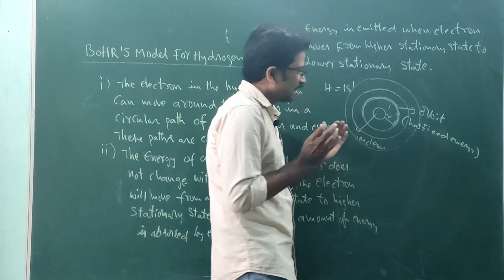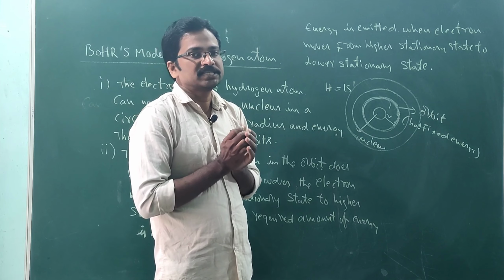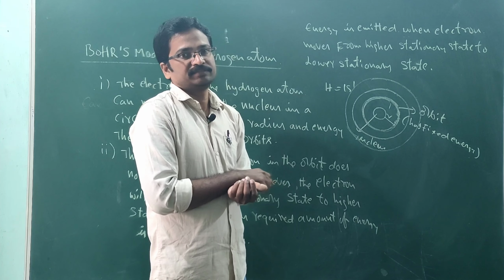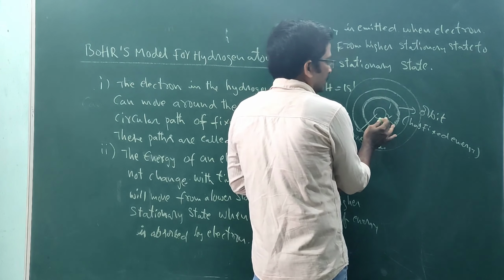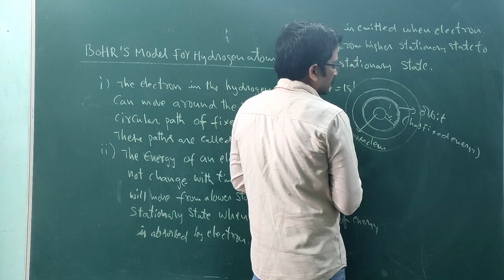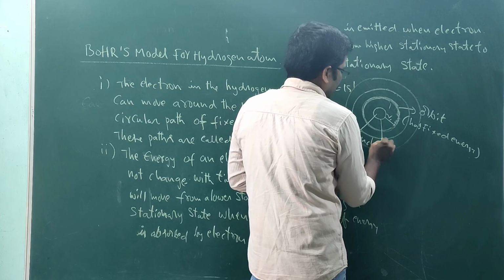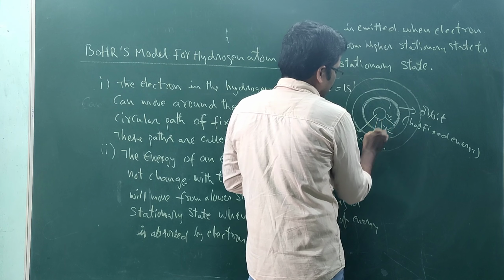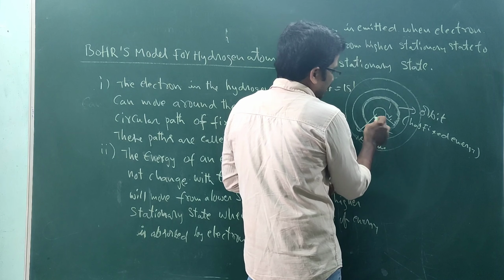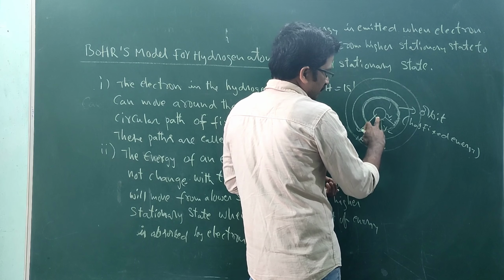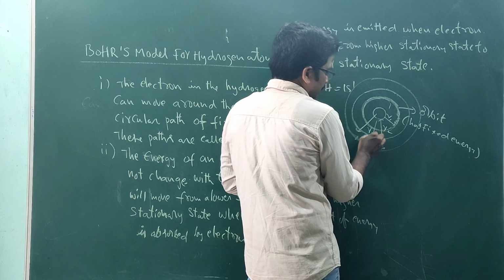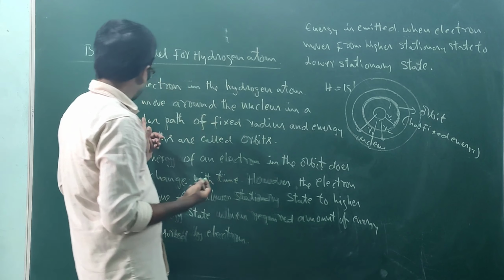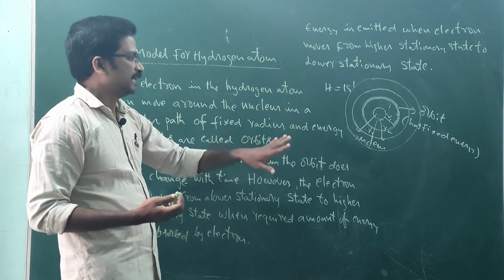Each orbit has some radius and a fixed amount of energy. Let us suppose this radius is r1, this radius is r2, and the distance from this point to this one is r3. These paths have fixed radius and energy.